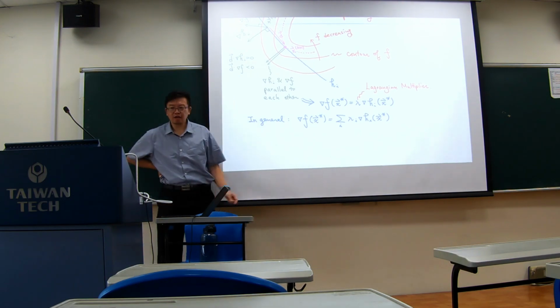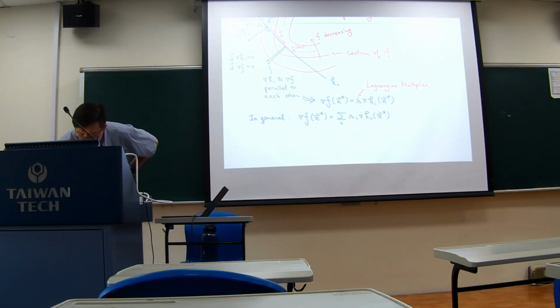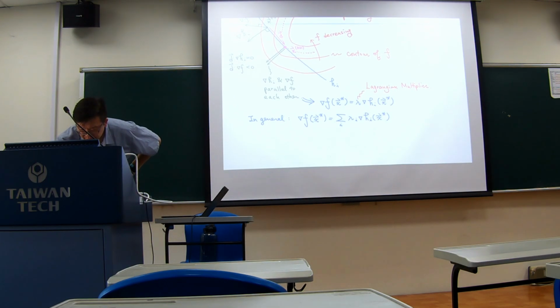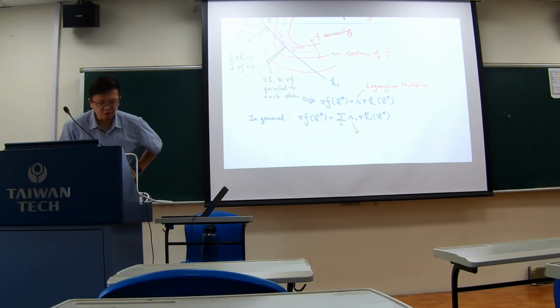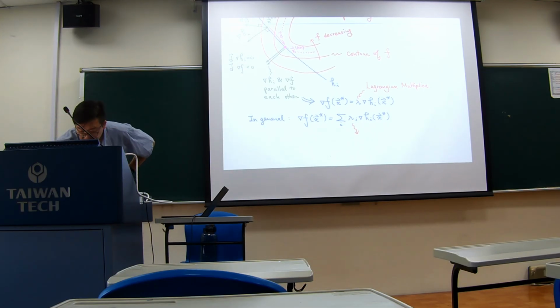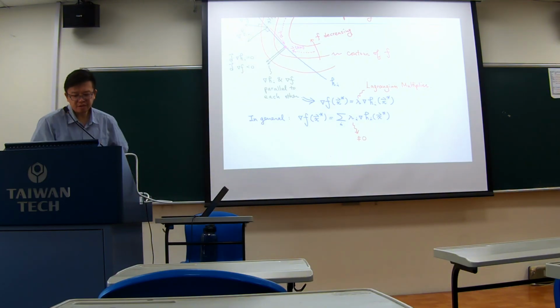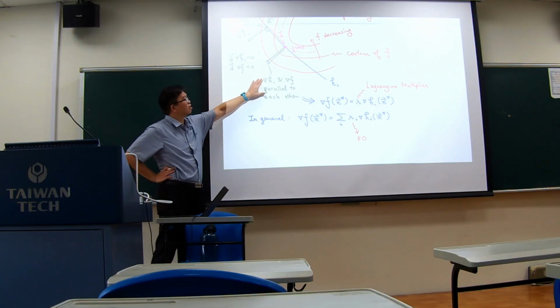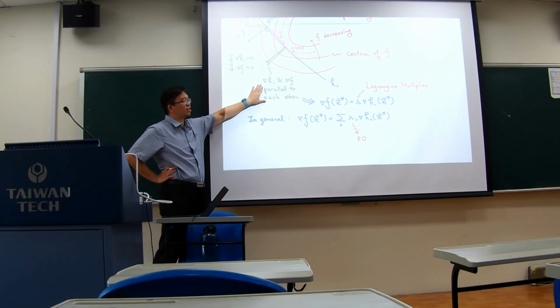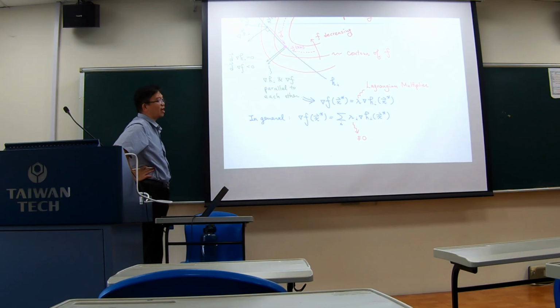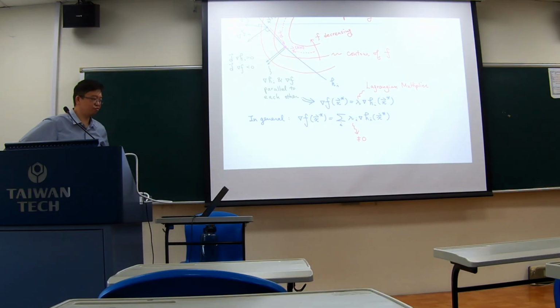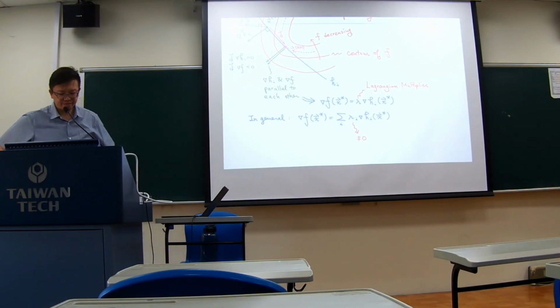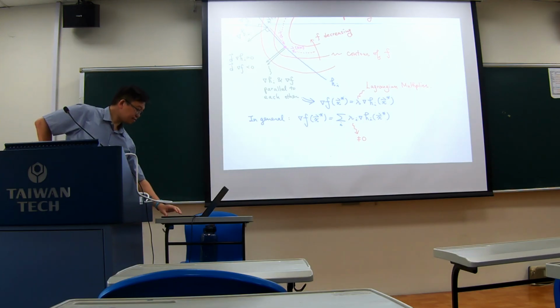And for the Lagrangian multiplier, there's only one rule: it cannot be zero. Because the only way to make sure they are parallel to each other is that your Lagrangian multiplier has to be something not zero. Okay?